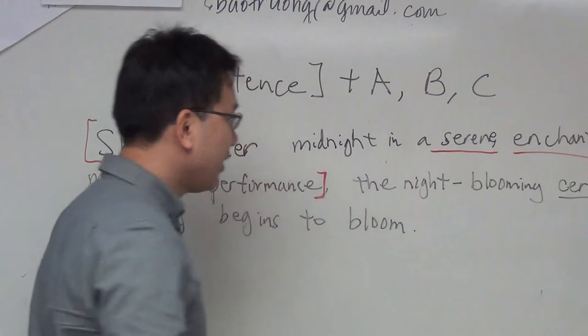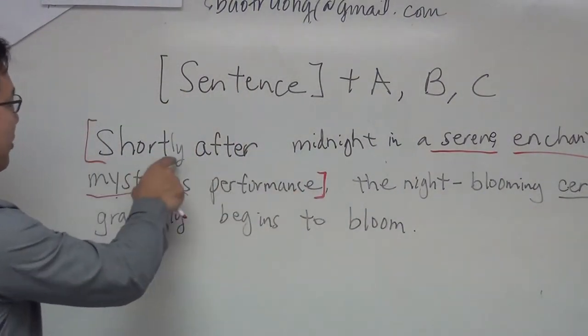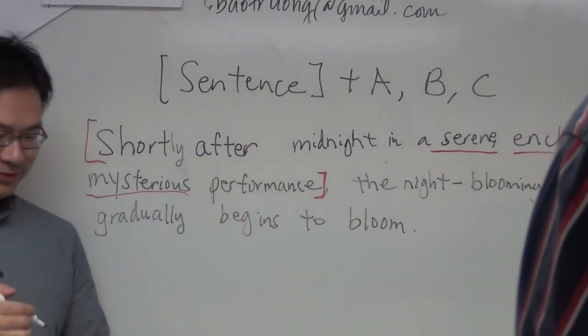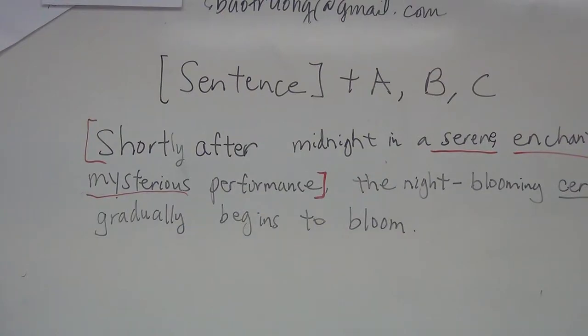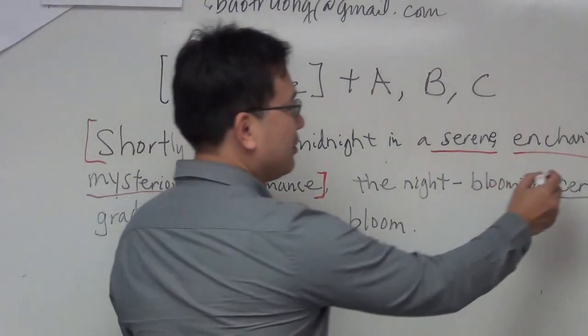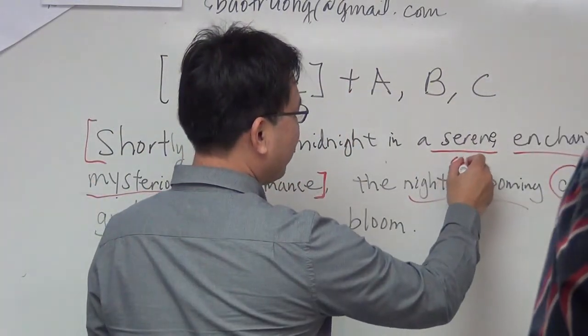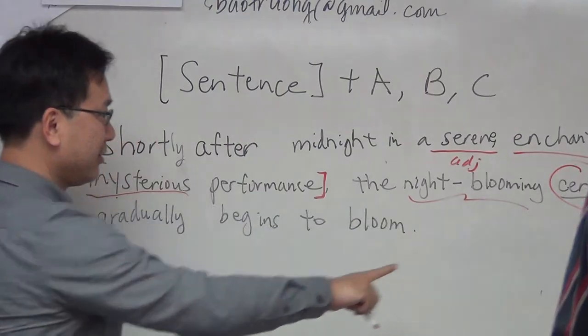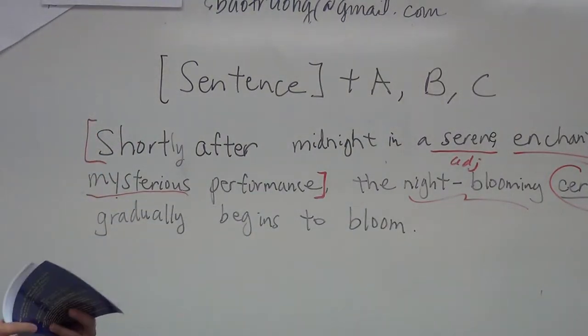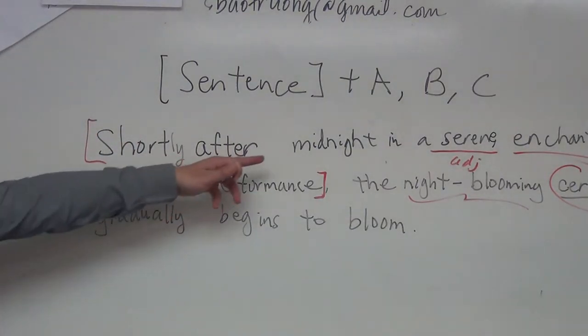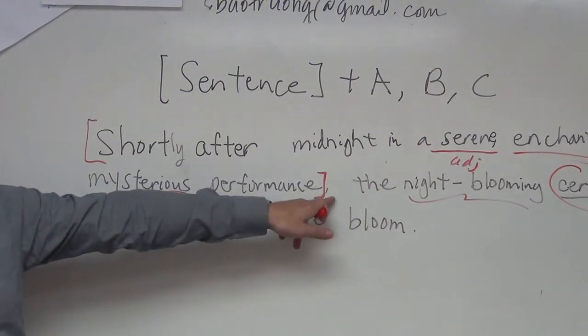Okay, what's the subject of this sentence? The night blooming cereus. Actually, night blooming is an adjective, right? This is the subject, okay? So let's say we start with a simple sentence and extend to here.